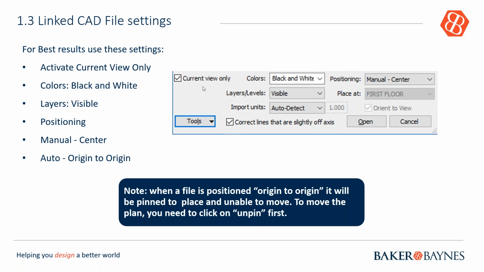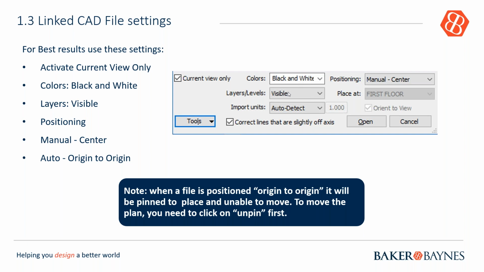So I don't want to link a level 1 CAD file on all the levels. I just want it on one level. So that's why I usually check that one and say current view only. Okay. I also generally change my colors to black and white. The default setting is usually colors, but I change it to black and white because I feel that it provides better visibility.